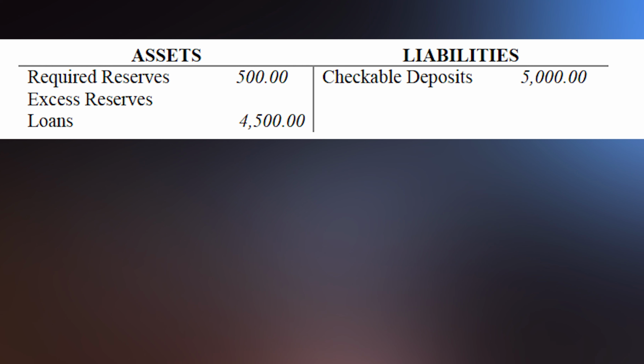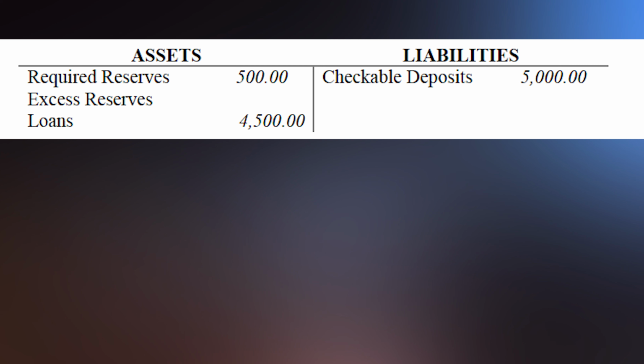And this tells us what the reserve ratio is. Because it is loaned out, we can assume that the bank just needs to keep $500 in reserves. We also see all the liabilities the bank has on the right, and with these numbers we can tell that the reserve ratio is 10%.